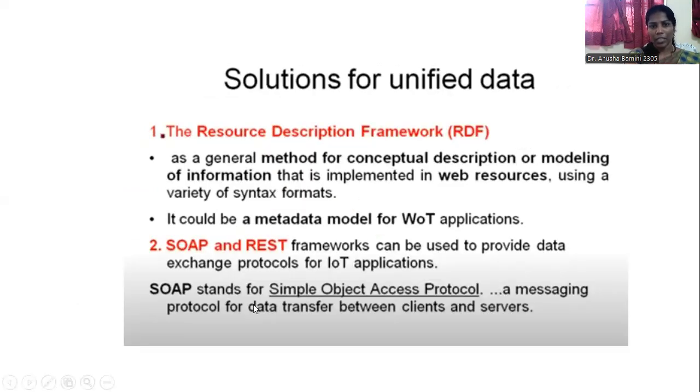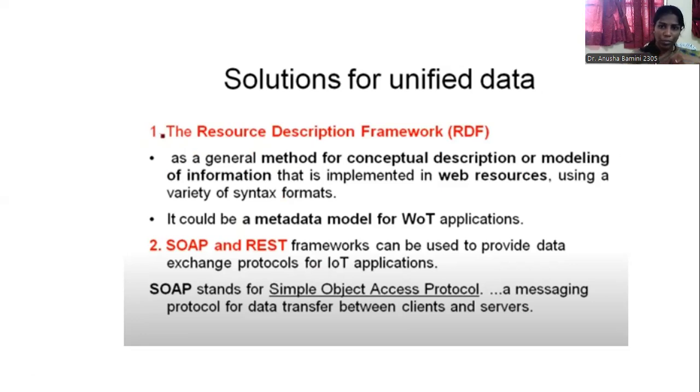Then the second one is SOAP and REST. Okay, so what is meant by SOAP? Simple Object Access Protocol. About this SOAP, you may have already learned in the internet subject, which means web technology.